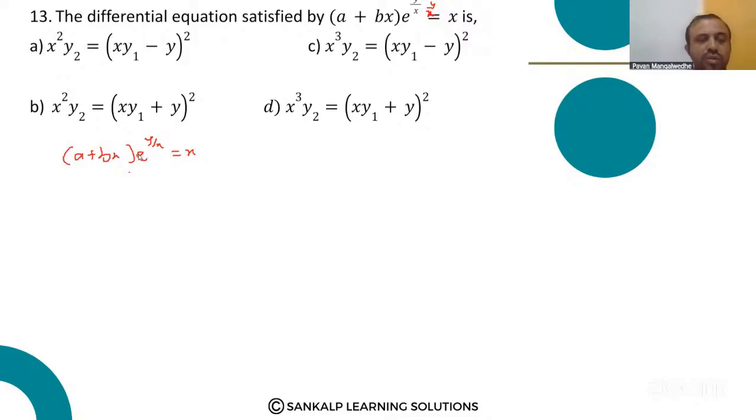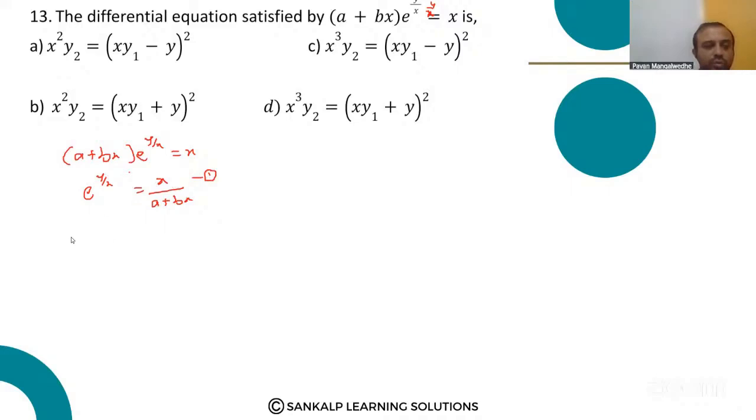First, try to simplify with the isolation of the exponential term and constant. So you can treat this as e raised to y by x, which is equal to x upon this term, that is a plus bx, on transposing a plus bx to RHS. You can call this as equation number 1.